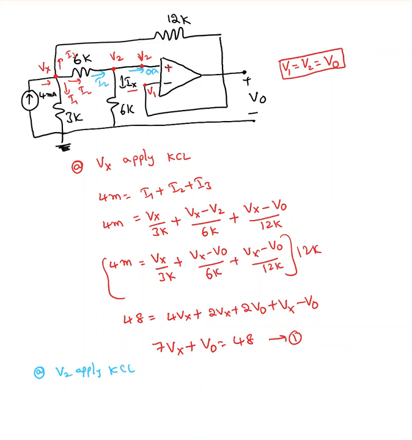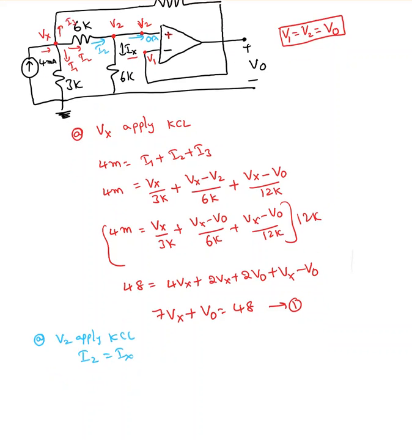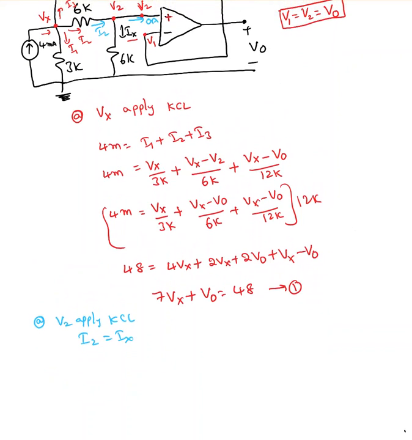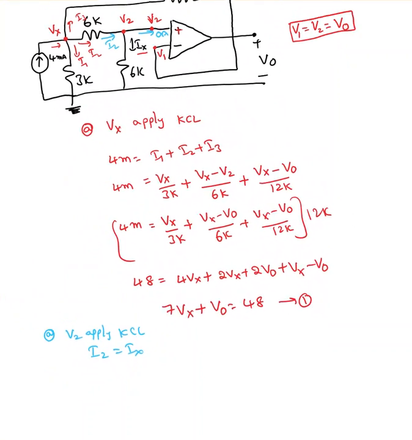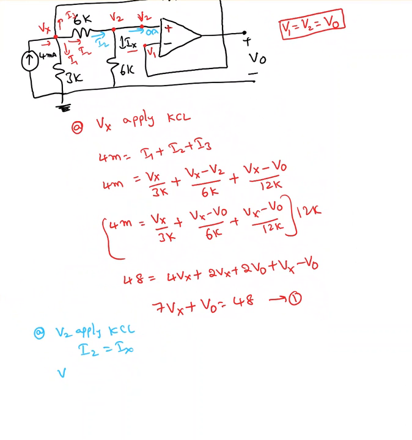So I2 equal to Ix. What is my I2? I2 equal to Vx minus V2 over 6k, equal to Ix, which is nothing but V2 over 6k.